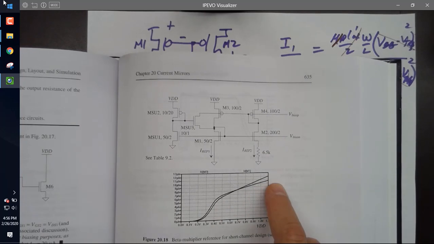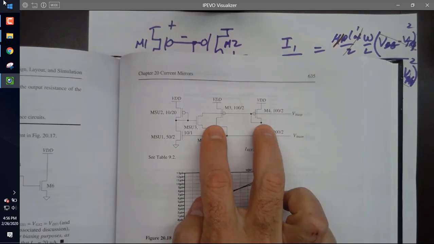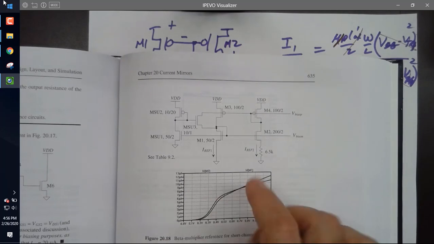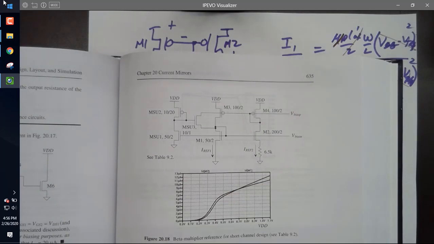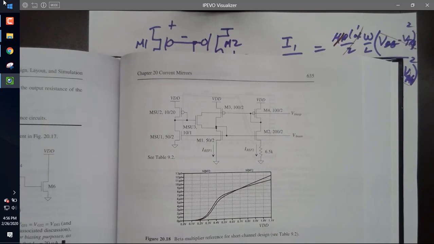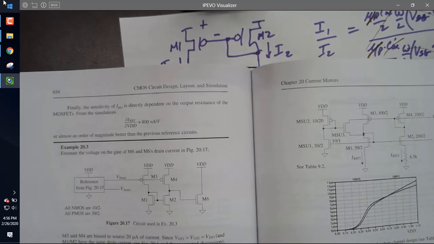So I'm going to try to cascode, but I'm only going to cascode one side to try to make the variation smaller so that they don't vary as much. All right? And you know what? Instead of drawing this, I'm going to take this simulation and we're going to modify this just to show you what happens, okay? So that's 2018.